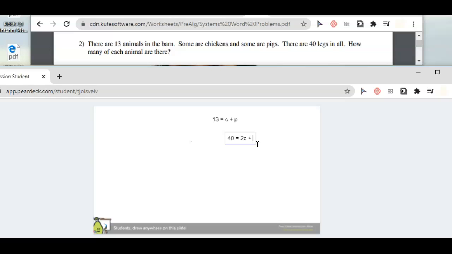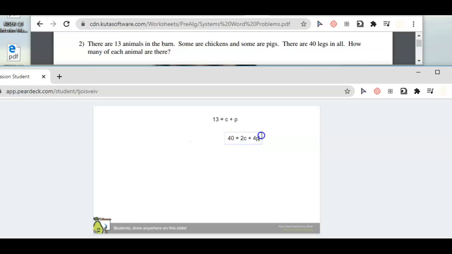Okay, what about pigs? Pigs have 4 legs. We're making that assumption in this problem that each of these pigs has 4 legs. So we will say 4 times P, so that 2 legs times however many chickens I have plus 4 legs times however many pigs I have would give me a total of 40 legs.